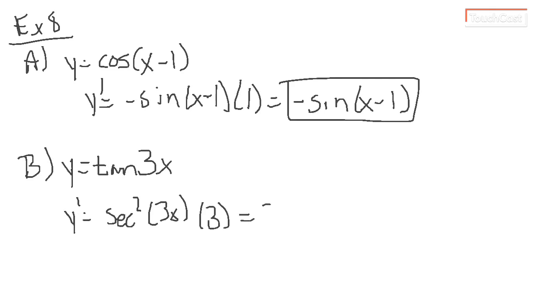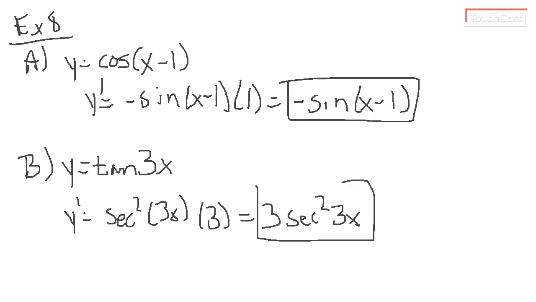So we can rewrite this as 3 secant squared 3x. Now we can't go 3 times 3 because that 3x, we need to find the secant squared of it before we can multiply anything by 3.